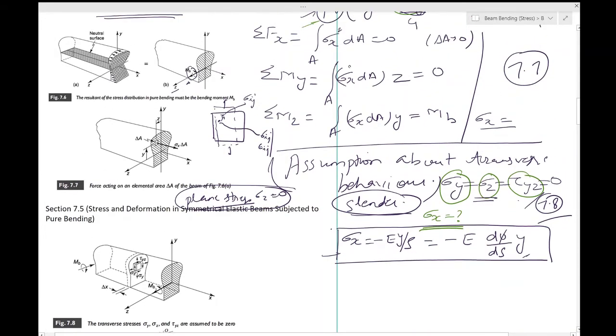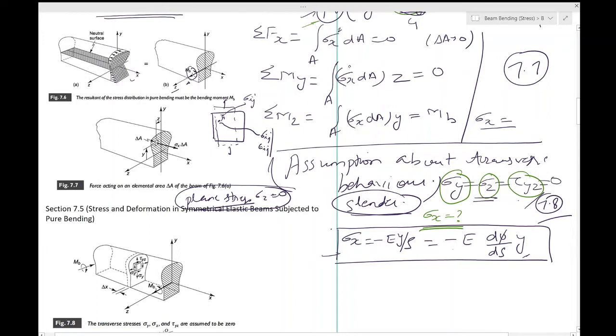Look at this stress distribution. It is increasing as you go up, with a negative sign. You see the arrows, sigma x is pointing in the negative side despite y being positive. Similarly, if y becomes negative, then this becomes positive, and it is shown by these arrows.